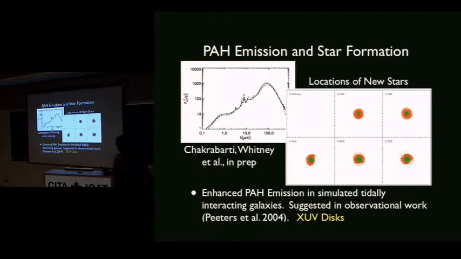So I'm showing here the locations of new stars, and if you have a little bit more contrast, you see that there's a low level of new star formation, a tail of new star formation here. And when you calculate the SED, you do see enhanced PAH emission. So this may be a model for these extended UV disks that people have been talking about.